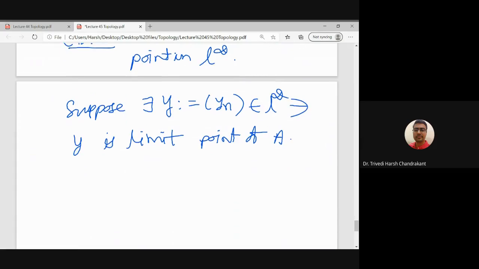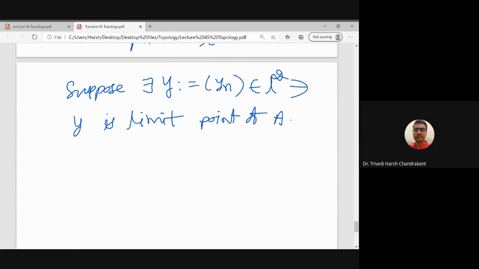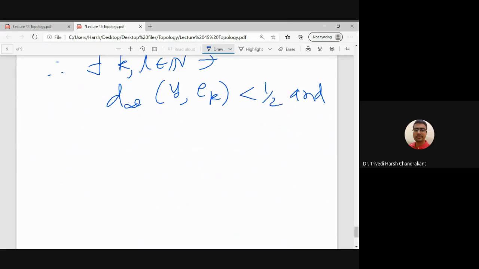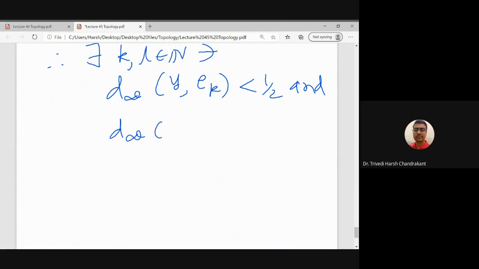And once again we will use the characterization of the limit point of a set. That will give us, therefore, there exist natural numbers k and l such that the distance of y with ek is less than 1 by 2 and the distance of y with el is less than 1 by 2.